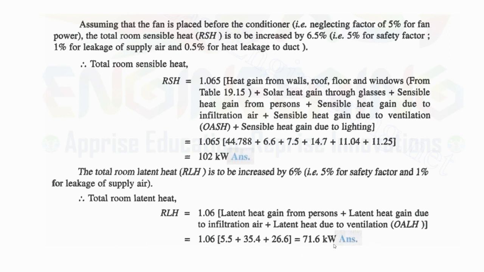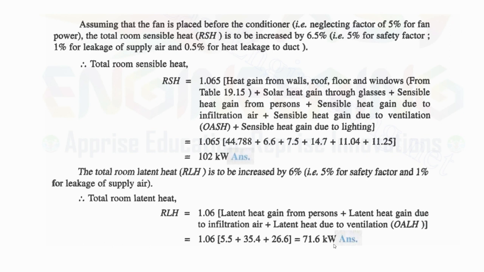Where does it come from? They have said that we have to add some factors, which are the safety factor and also the fan factor, and all this comes to around 6.5%. So that is generally 1.065. If they have not mentioned the factor, we will generally take 1, and there is no need to multiply by any factor. We just have to add all the heats, so we will get the room sensible heat.